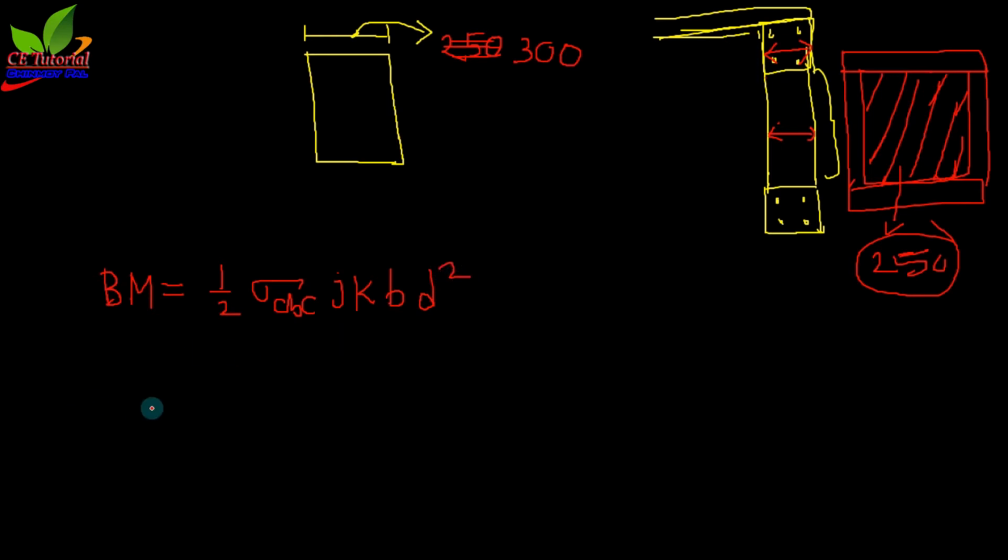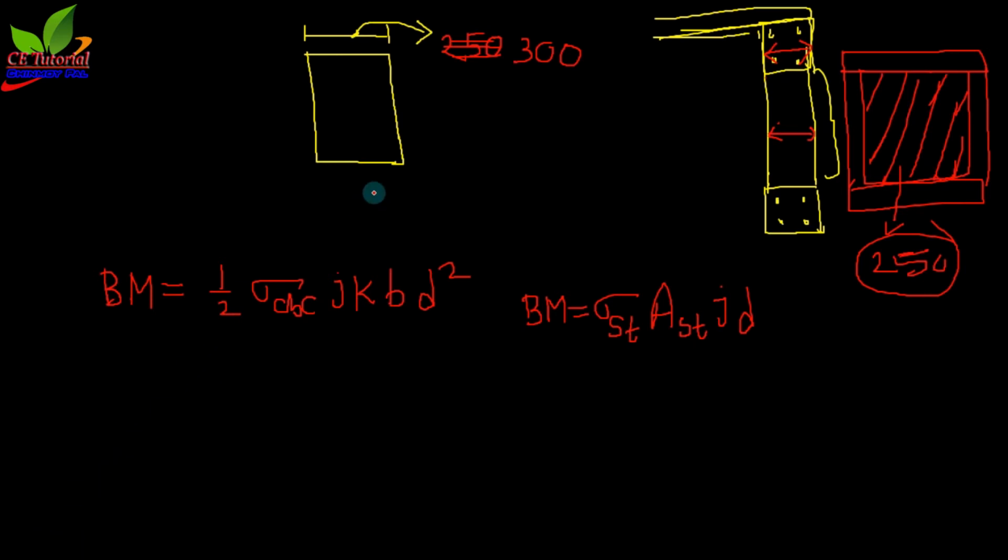And we have another formula: bending moment equals sigma st Ast jd. Sigma st Ast is the tension force and jd is the lever arm, and half sigma cbc j k b d square is the total compressive force multiplied by the lever arm.